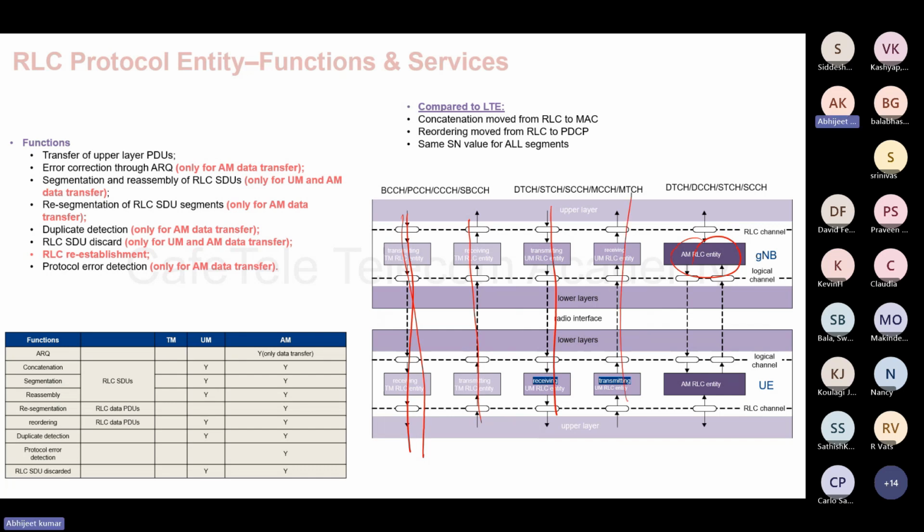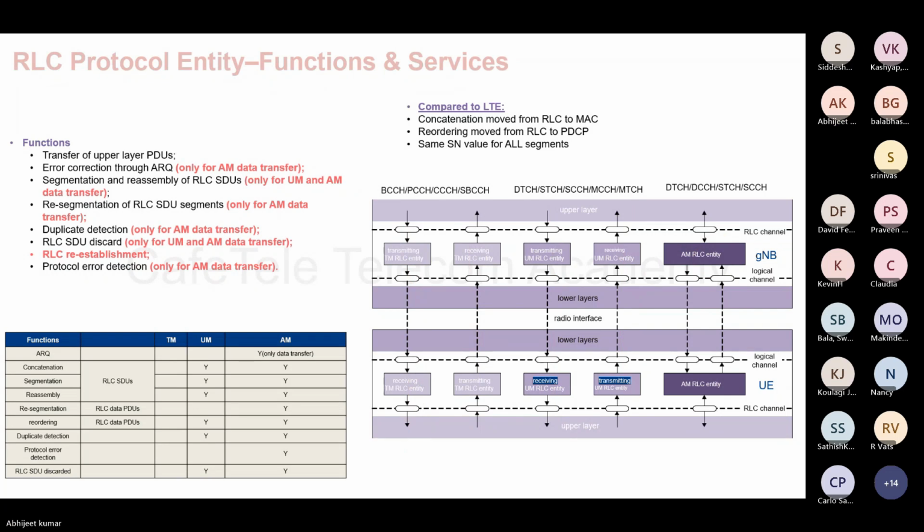But unacknowledged mode provides some other things like segmentation and reassembly and allows efficient transfer without full error correction and retransmission mechanism, because you cannot apply ARQ here. Only segmentation and reassembly is possible. But in acknowledged mode, it provides full error correction through retransmission, segmentation, reassembly, and ensures reliable data.